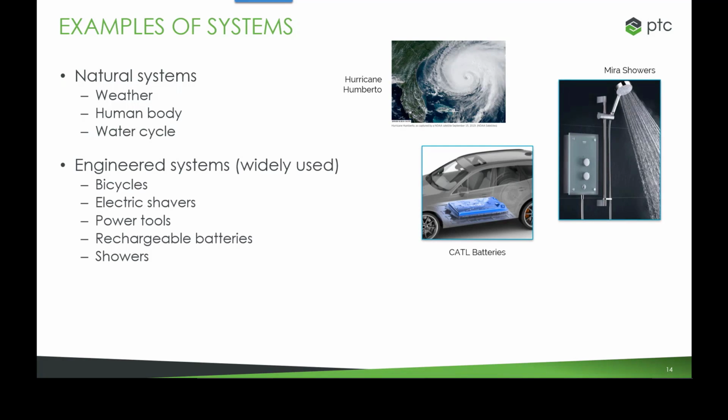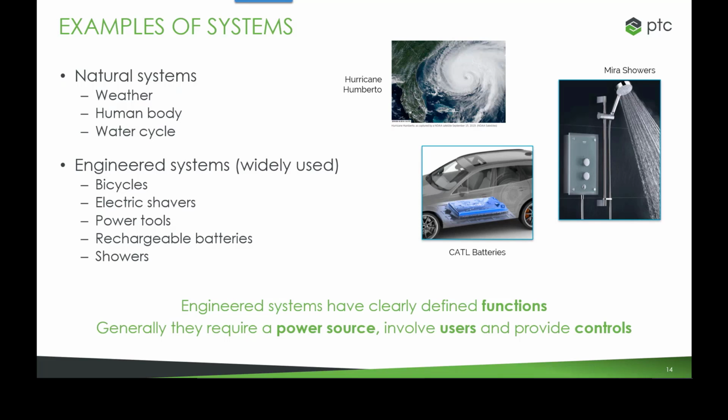But more interesting to us are engineered systems, and some that are widely used. A very simple one is a bicycle. Not many components, but it actually produces something quite magical, really, once it's put together correctly and used correctly. Electric shavers, power tools, rechargeable batteries, showers. And these are some customers of Windshield Modeler, shown in the graphics there.